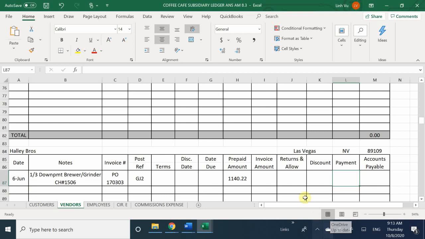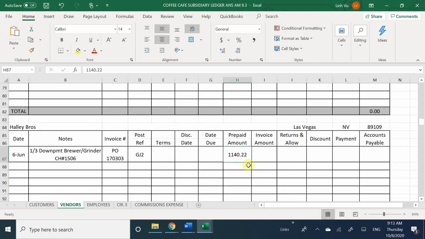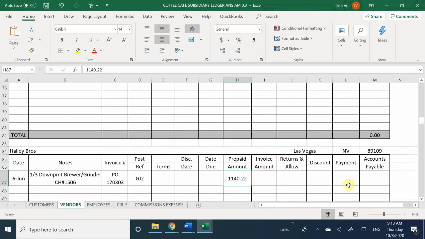Yes, I did. So in this case, you actually are going to place this in the invoice amount because you actually made a payment already to it. You made a payment of $1140.22.